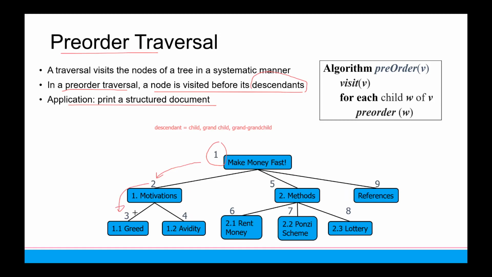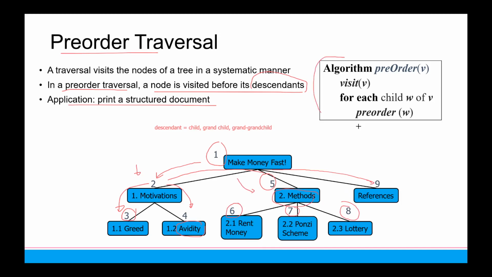If the motivation is grid, then this is the third. And then we go to this section, whether it is ability. And then after the first child, we go to the second child. What about the methods? Okay, so the methods, we go to the first, we go to the second, we go to the third, and then we go to the section.